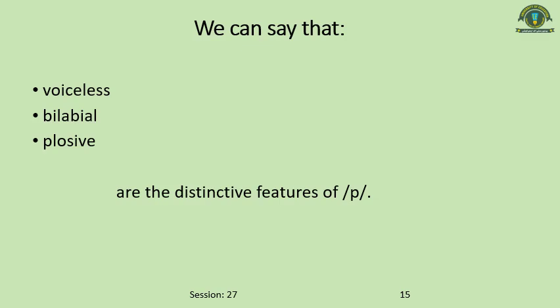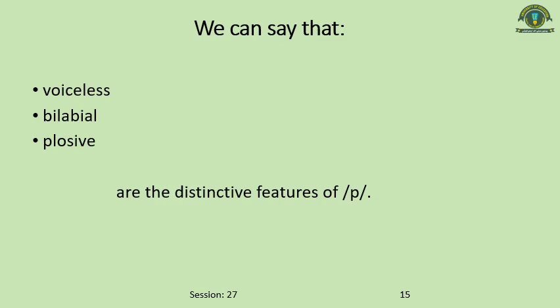It's not only /p/, but if you pick up any other phoneme, we have to analyze it the way we have done during the last four slides. So being voiceless, being bilabial, being plosive are the distinctive features of /p/.